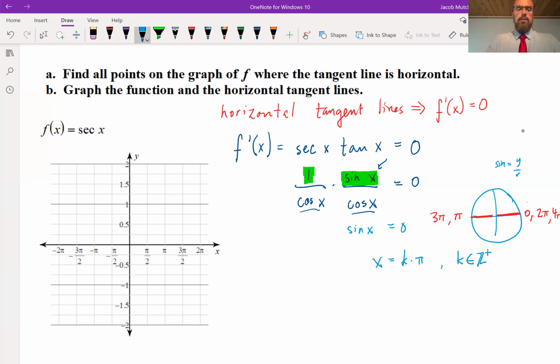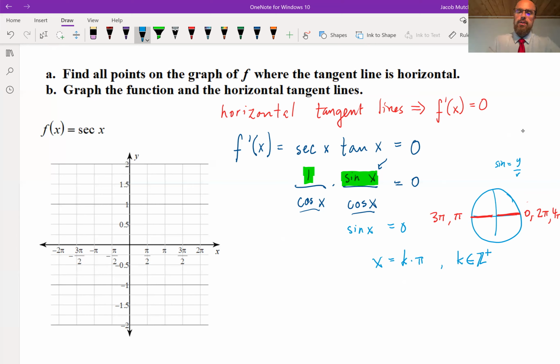Well, let's actually calculate a few of these. So what I want to do is pick up secant of x, and if I'm looking at different intervals of pi, it should give me the actual y values. So I want to actually calculate a few of these here. So let's pick up our secant function.